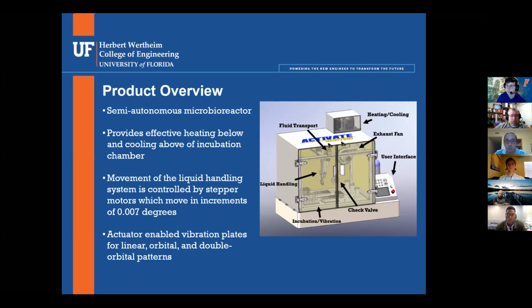I think also for a belt system, it could become a problem if the belts become detached, or if they're protruding past the edges, it becomes more difficult to enclose it within the incubation chamber. So the shape of the rack and pinion made it a much more suitable design choice.